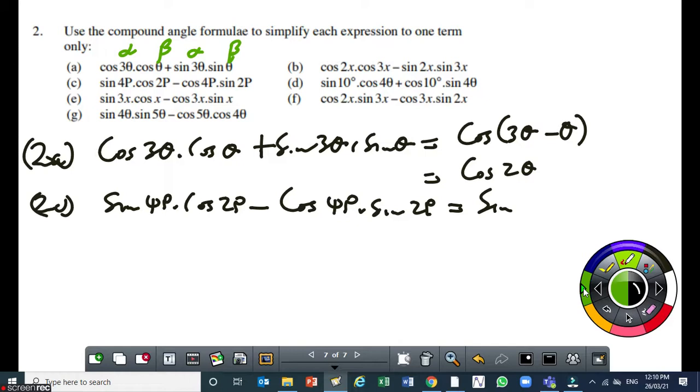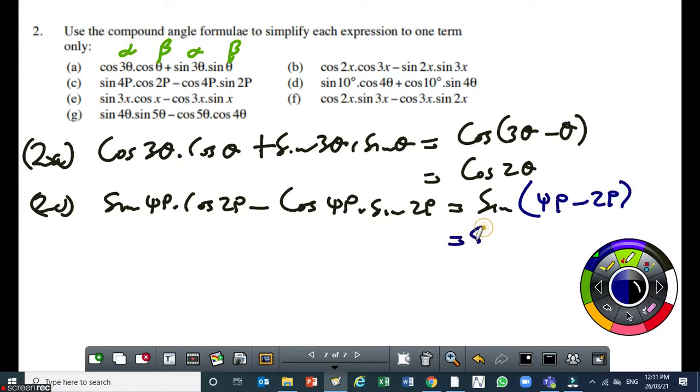So get used to it. So that will be sine of 4p minus 2p, and that will give you sine 2p, which is another double A.